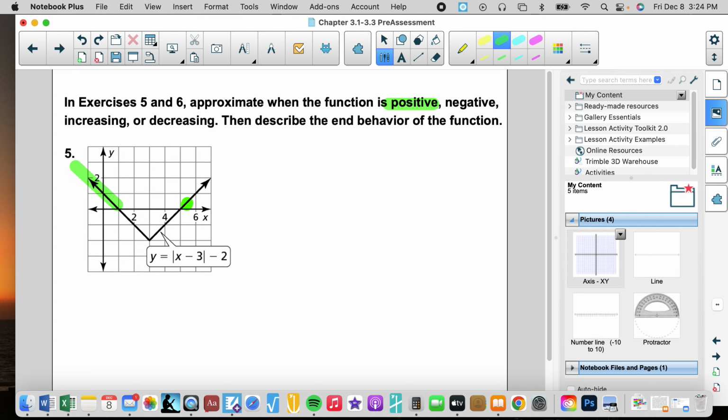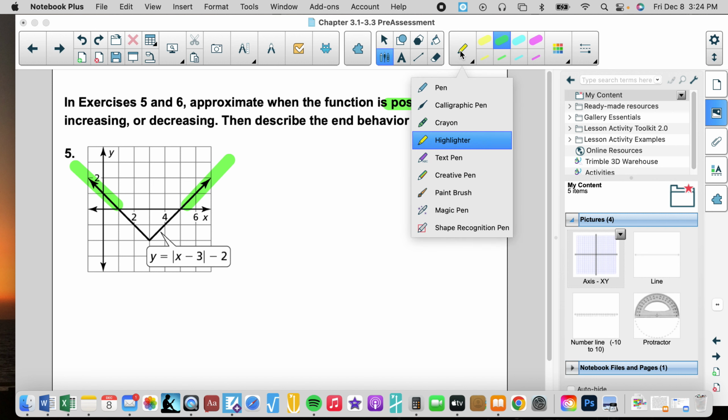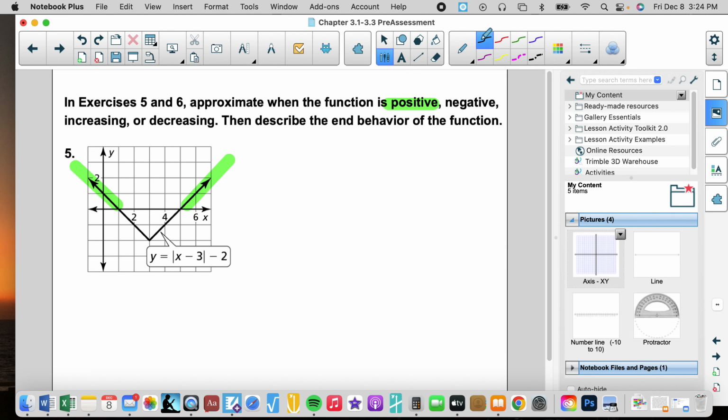The y values are positive when the graph is above the x-axis. The reason is that each of these points, let's take this point, (0, 1), has a positive output. If we pick this point, the input is 4. What's the output? -1. So the output is not positive because it's below the x-axis.